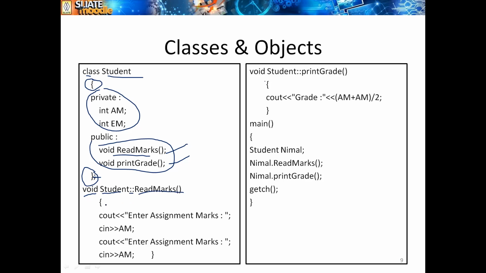After that we write the body, which is normal C++ code. Again the return type, class name, scope resolution, method name, and body. Then we use the student class name to create an object, and the object calls the methods. This method is called here and this method is called here. This is the output.